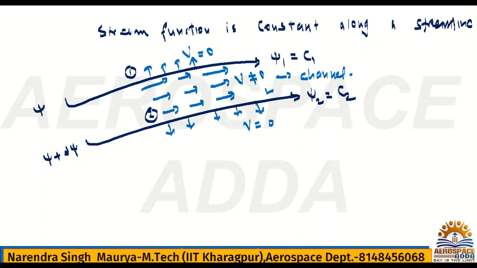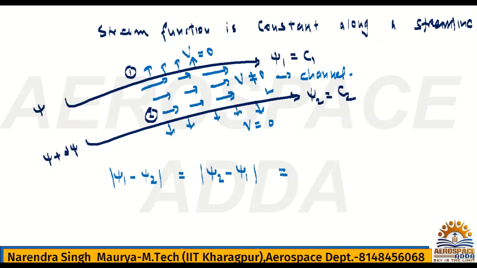I just want to calculate the difference of the two streamlines. If I am writing mod of psi1 minus psi2, or it is also psi2 minus psi1, it's your choice what you want to write. What is the meaning of it? The meaning is very clear.